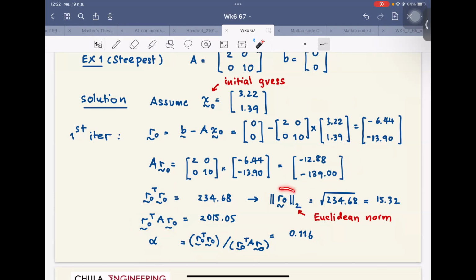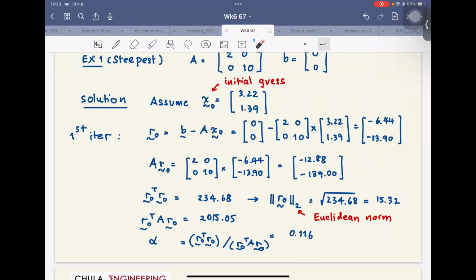So if you find the norm of the residual vector, remember the norm of b minus Ax0 is here. We may use this as the stopping criterion.